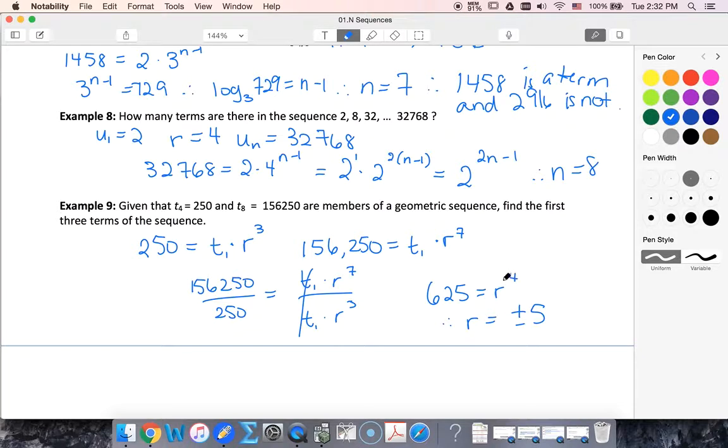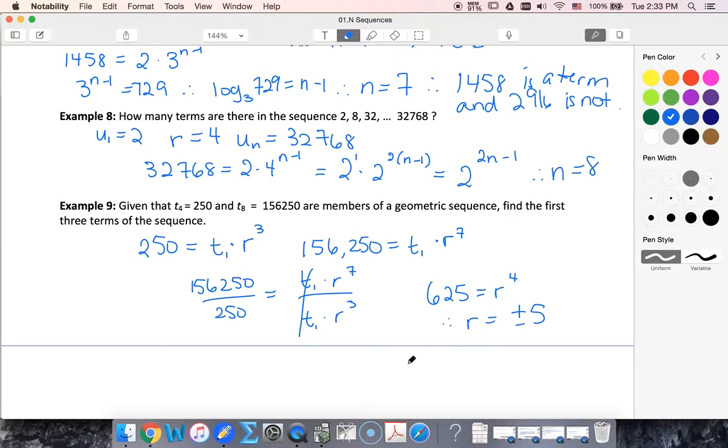Notice, even though I have 2 answers, nothing in my initial constraints tells me whether my r was positive or negative. So if r was positive 5, then 5 to the 3rd is 125.